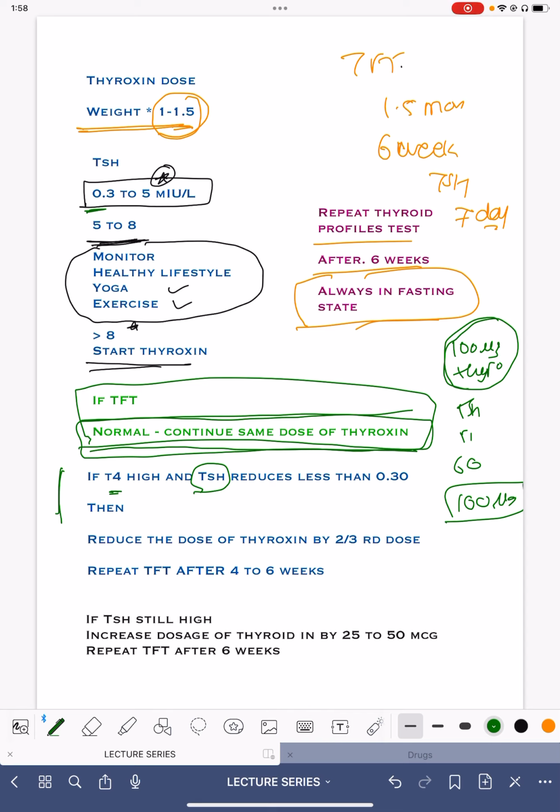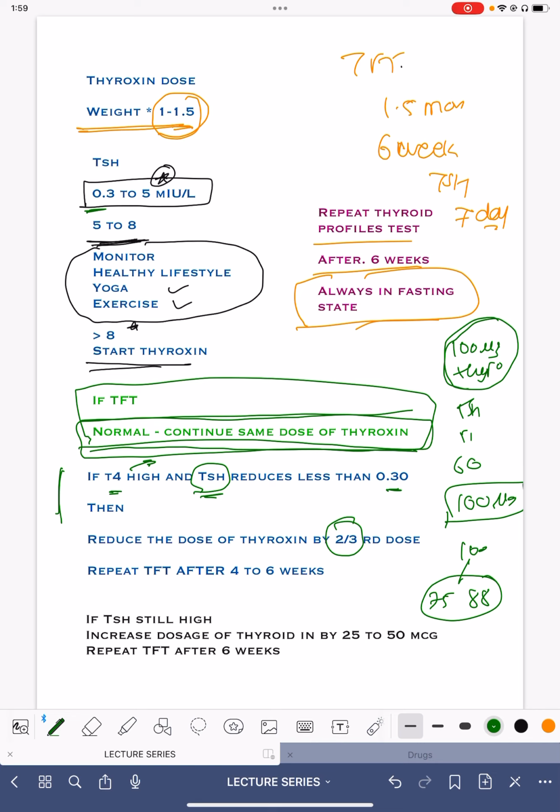If after starting this dosage, T4 becomes high and TSH reduces to less than 0.3, then we should reduce the dose of the thyroxine. In that scenario, we can make this 100 to either 75 or 88. I would prefer to reduce the dosage of thyroxine medicine by around 25% to 33%.